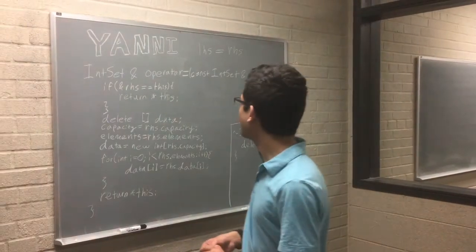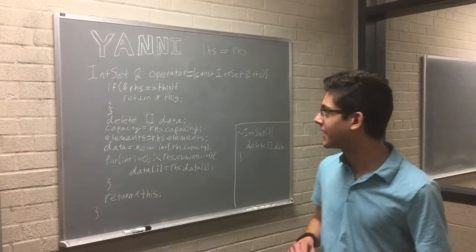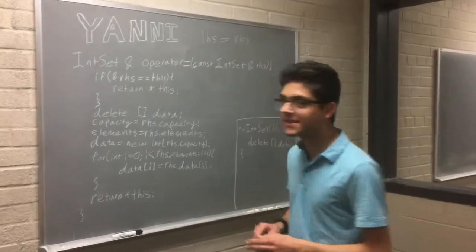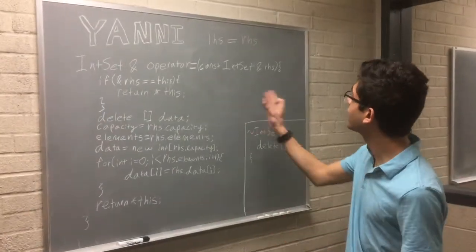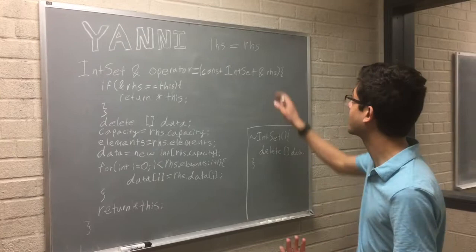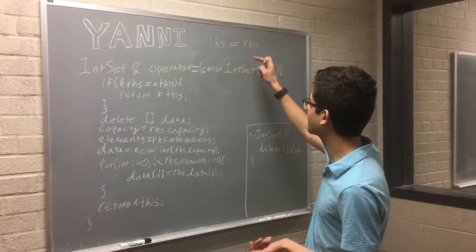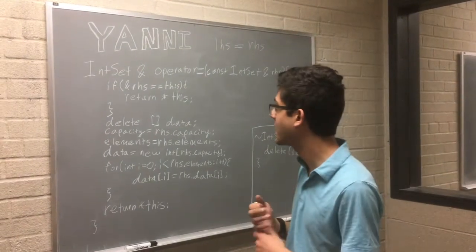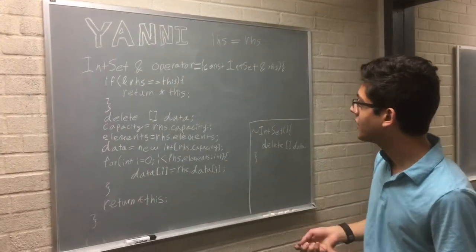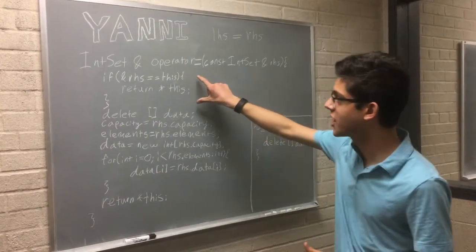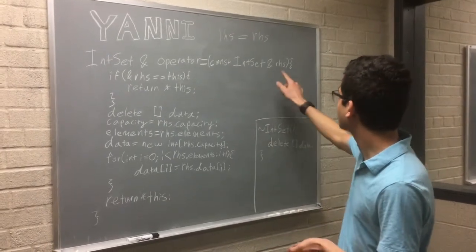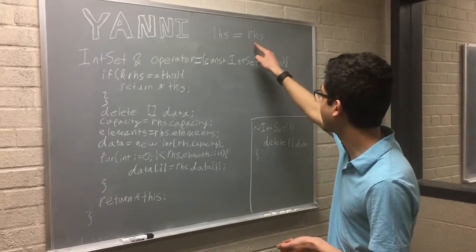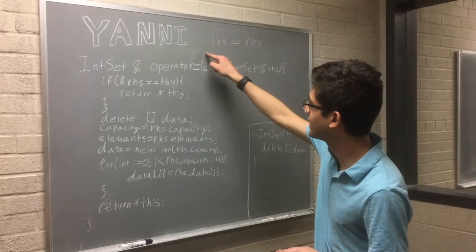All right, now let's talk about the overloaded assignment operator. This would be used in the case where we are assigning the right-hand side into the left-hand side using the assignment operator. The first thing we do in this function is check for self-assignment. RHS is just going to be the right-hand side that we're going to be assigning to the left-hand side.